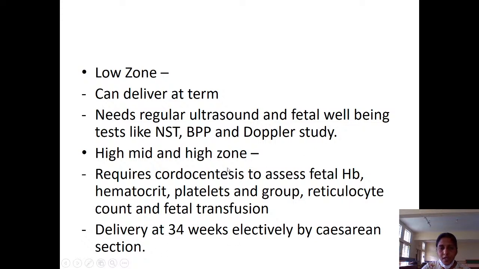In the high zone, the baby is delivered early. After giving birth, it is better to do a cesarean section.